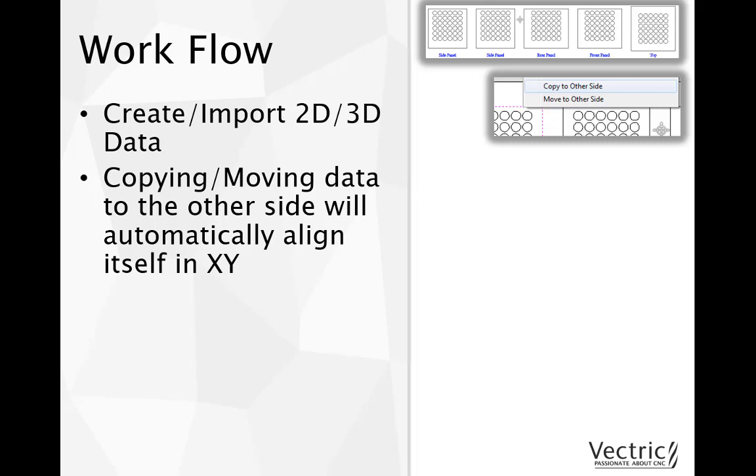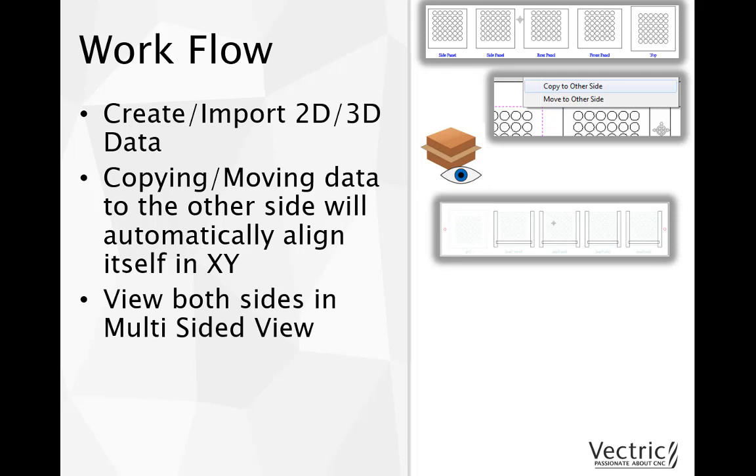So you never really need to worry that your data is misaligned, as the software automatically positions and aligns data that you send to the other side for you. And using the multi-sided view, you can proof your data positions in both the 2D and the 3D view to help visualize your two-sided part.